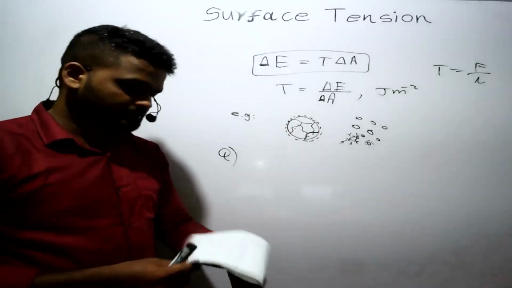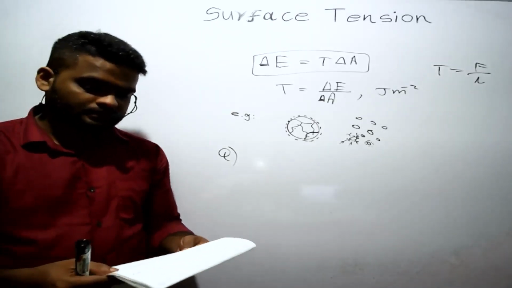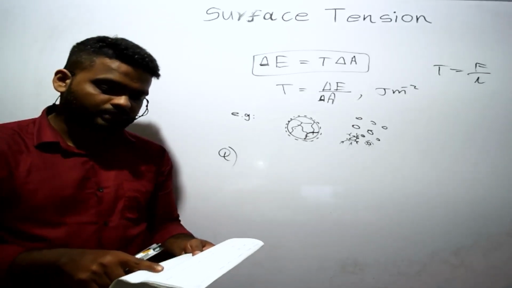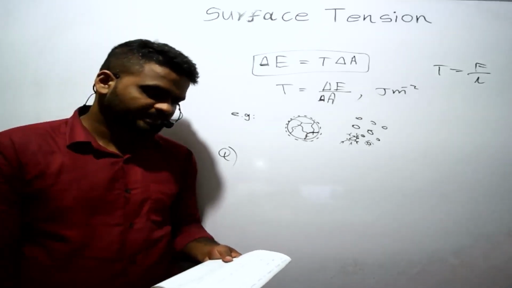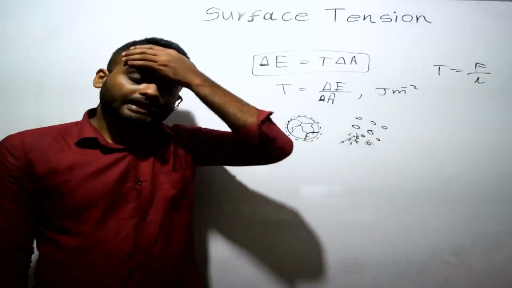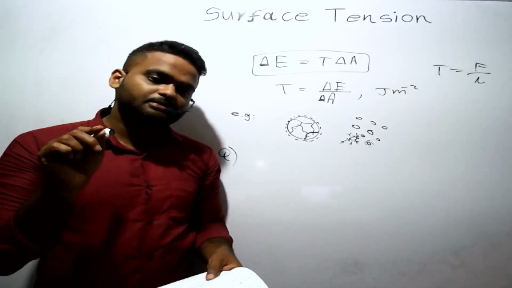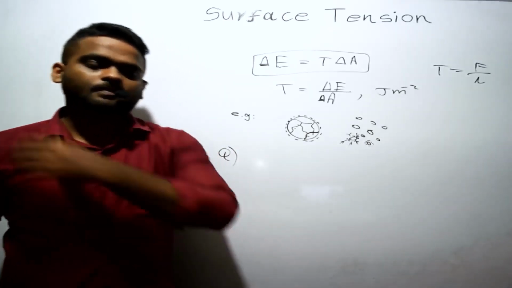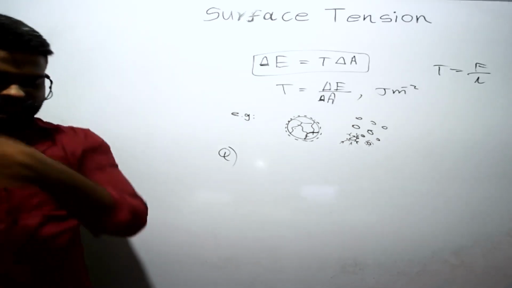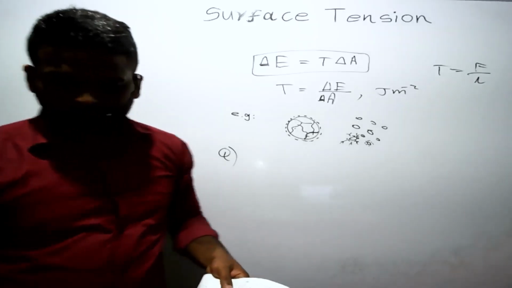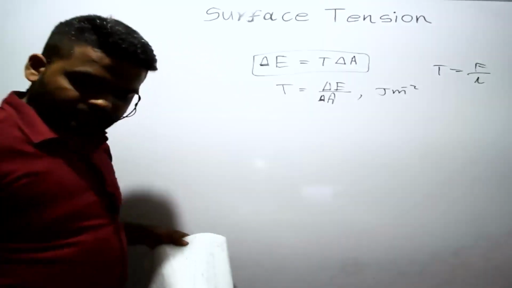Find the work required to break a water drop of 4 millimeter radius into 1 millimeter radius drops. If you want, you can draw a sketch.